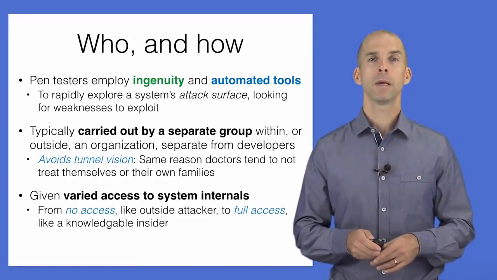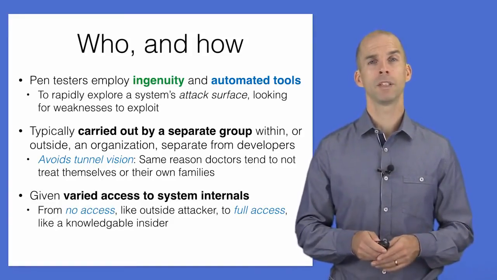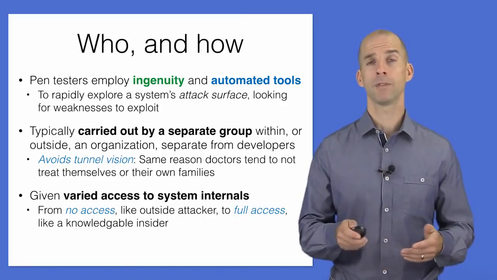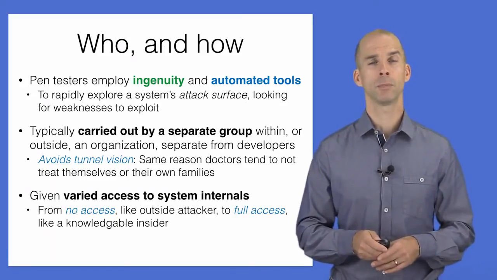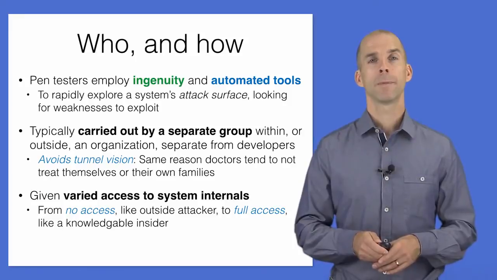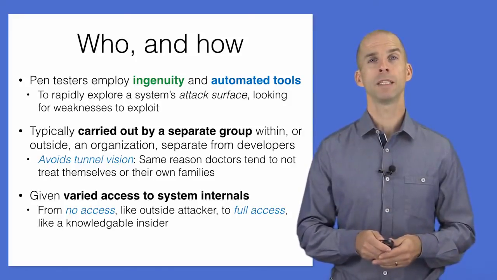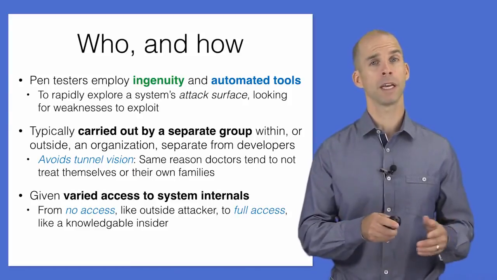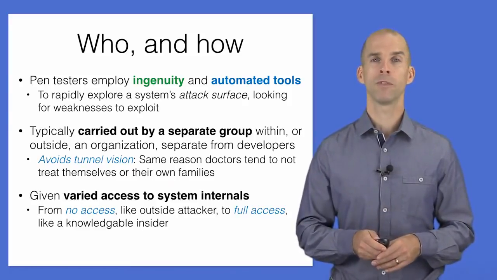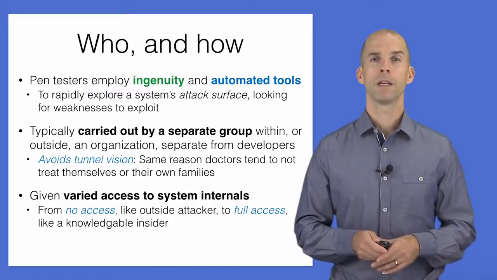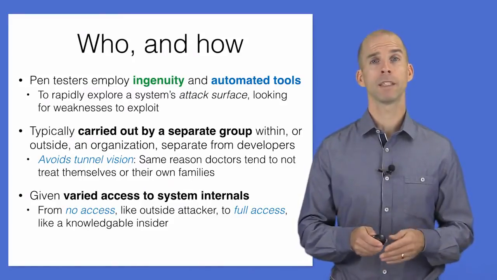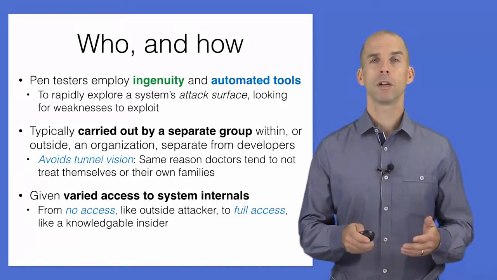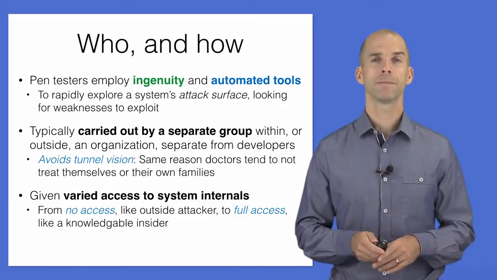The pen testing team may be told a lot or a little about the system that they are testing, and given a lot or a little access to its deployment environment. We might, on the one hand, try to simulate the access that an attacker should have, for example, only from outside a company firewall via forward-facing components. On the other hand, we might provide more access or information to model an attack by a company insider.